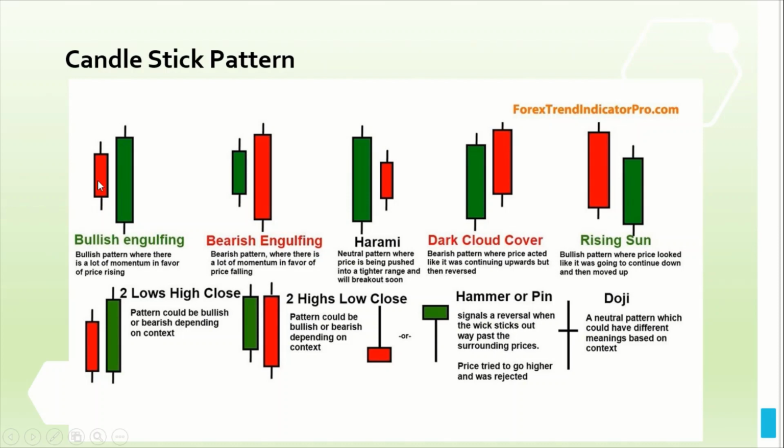Ibig sabihin, totally na cover yung body ng red candlestick from the high of the day to the low of the day. And then the next candlestick would be a long candlestick na kung saan na overshadow niya na yung red candlestick. So, ibig lang sabihin nito, it's a bullish signal that the prices would be increasing in the next candlestick projections.